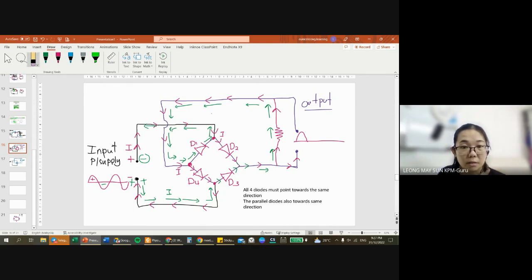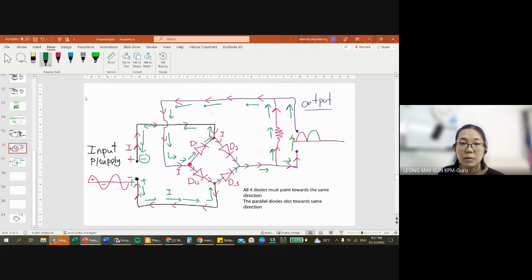I should erase this or else you get confused. And then back to the negative terminal, which means that it can go through the output. And then because it's the same direction as the red color line, the output wave is positive also.